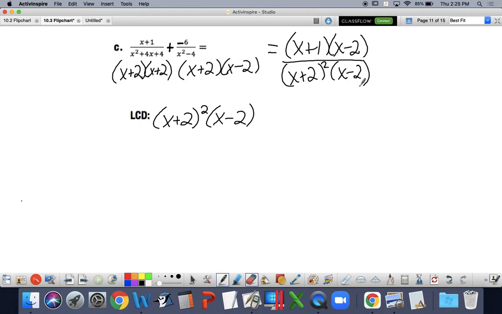Yep. Okay. This next one only has one x plus 2, so I've got to add another x plus 2. It's really about staying organized, right, and keeping track of what step you're on and methodically going through it.